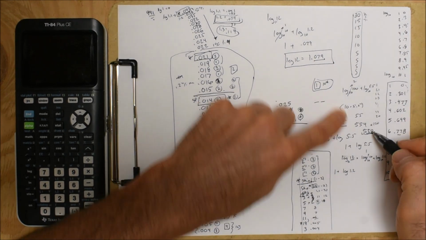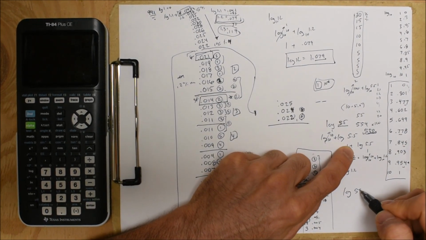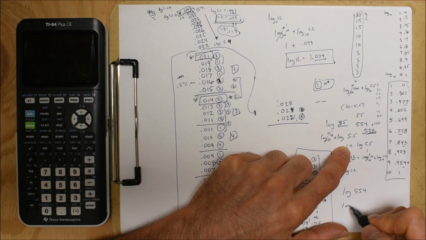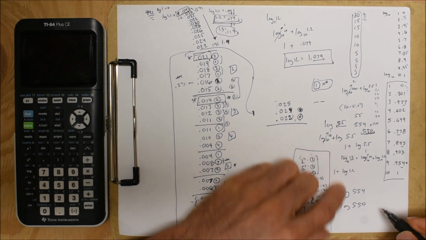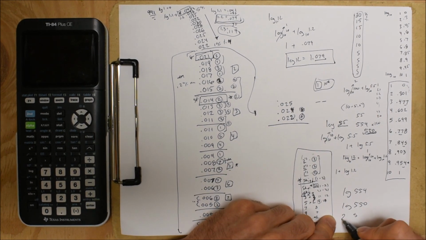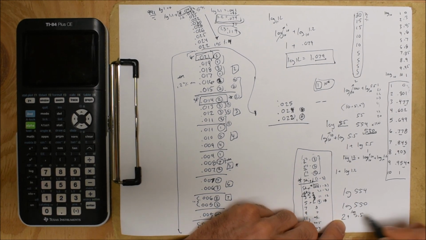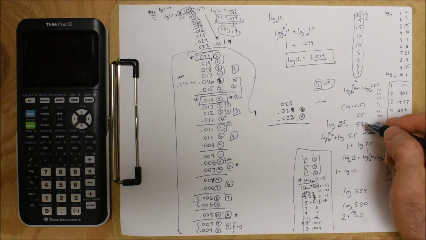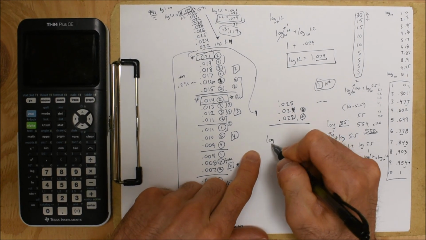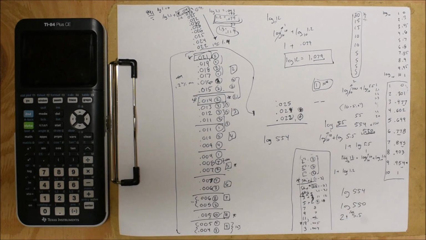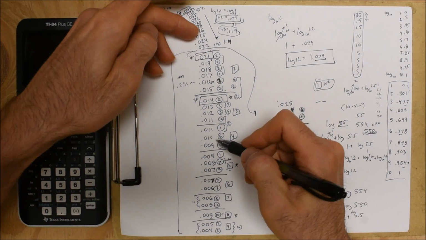And then this is just 2. So the log of 554 we can't do directly, but we can do log of 550 real fast, and that's 2 plus the log of 5.5. All right, hell yeah.